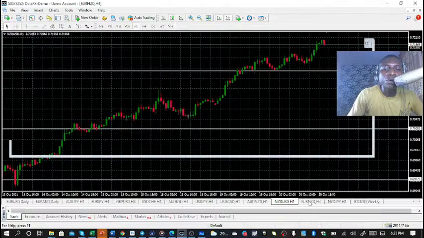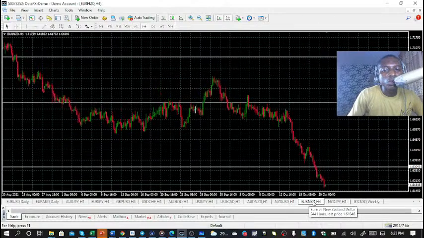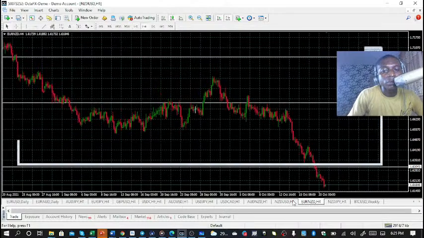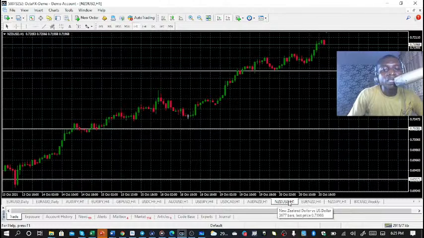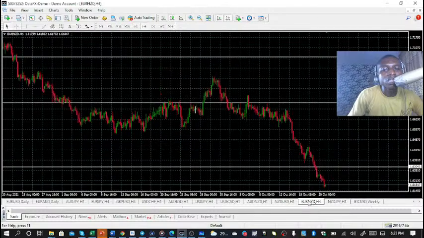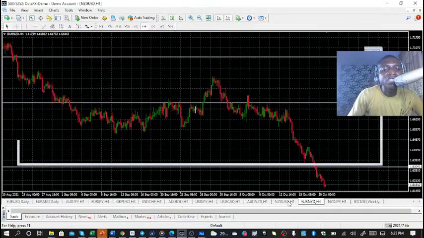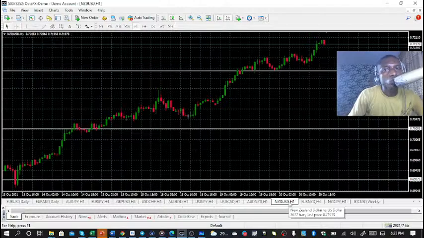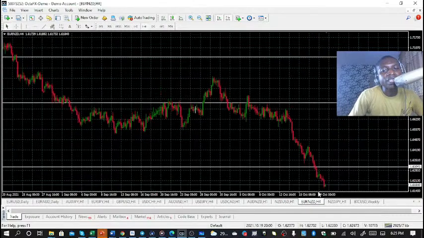Now this is euro, New Zealand dollar is going down, right? Which means the dollar is weak compared to the New Zealand dollar, and also the euro is weak compared to the New Zealand dollar. So let's say the dollar is strong against the New Zealand dollar, and the euro is weak against the New Zealand dollar.